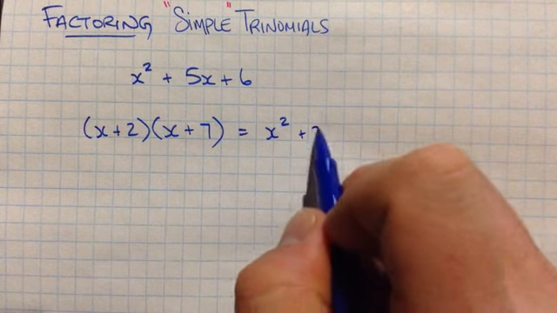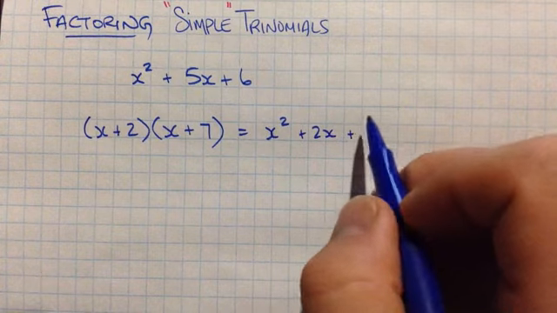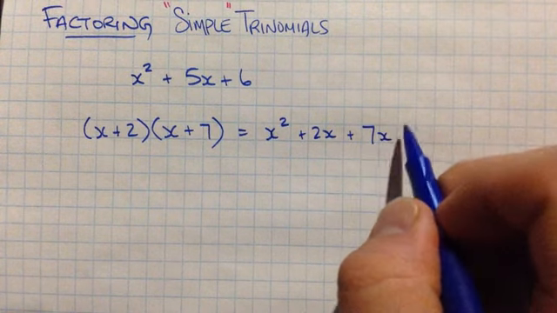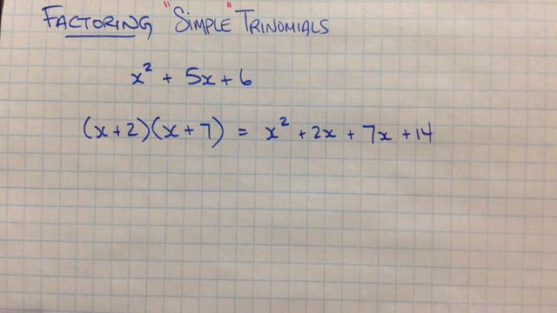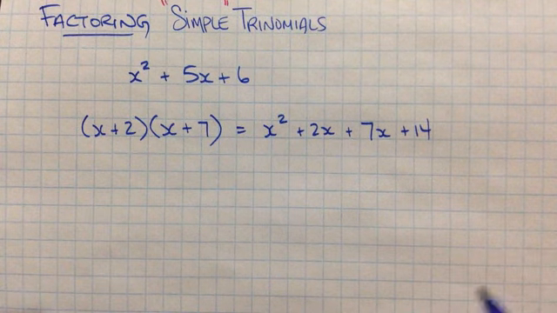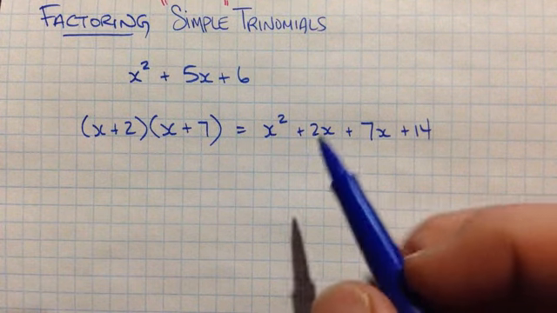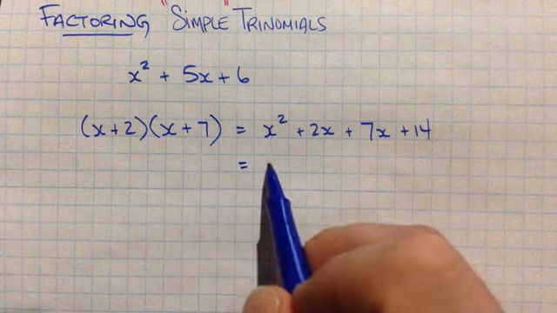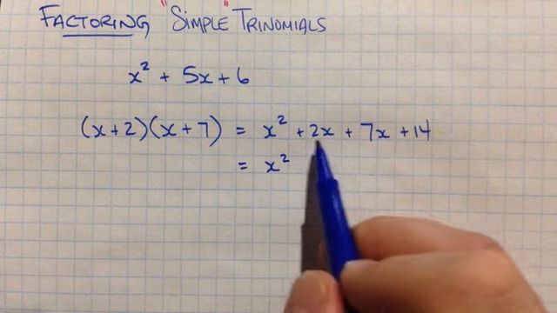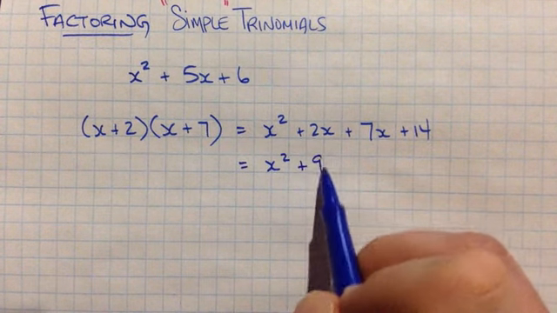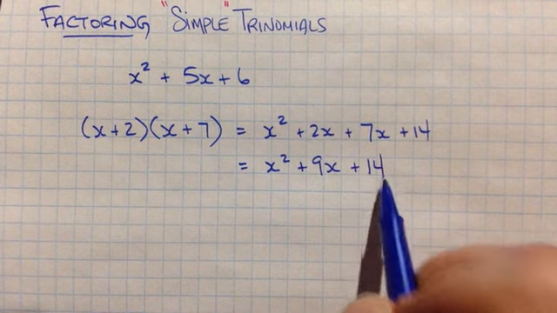X squared plus 2x plus 7x plus 14. If you're not used to expanding those, you should back up and take a look at the binomial expansion stuff from before. And let me simplify this. 2 plus 7 is 9x, and plus 14.